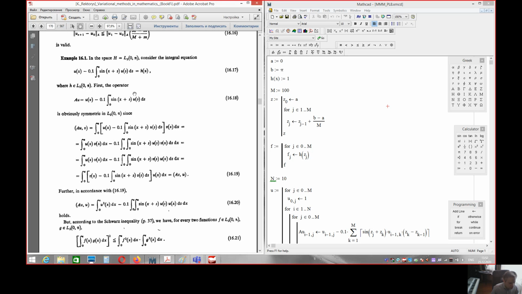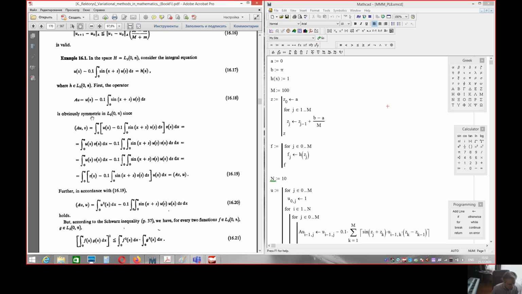And first of all, here is shown that the operator AU in the left-hand side of this equation is positive definite.